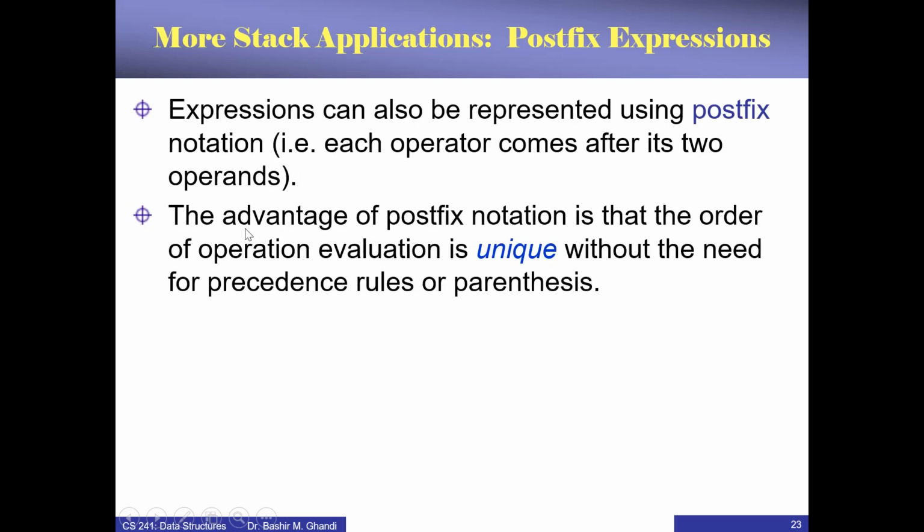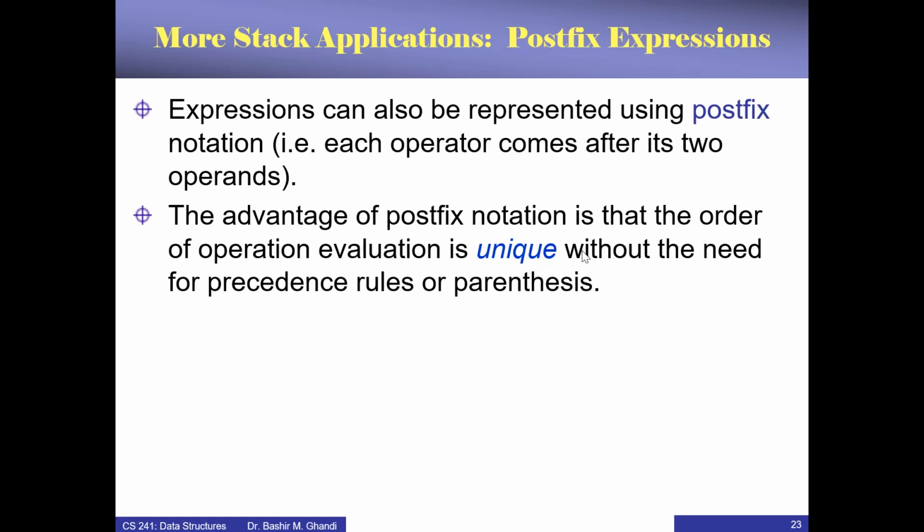The good advantage of postfix notation is that the order of evaluation is always unique, without the need for a precedence rule and without the need for parentheses. So the two conditions that we have to observe in the case of infix, we don't have them here.